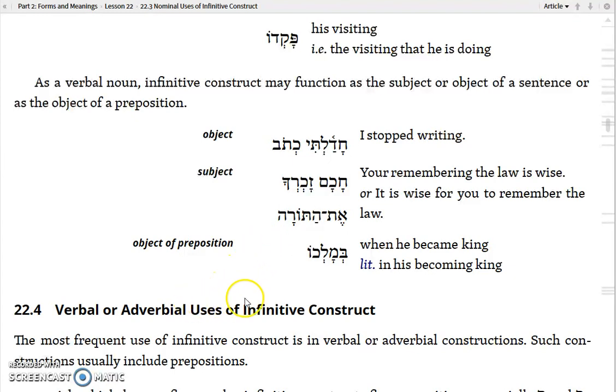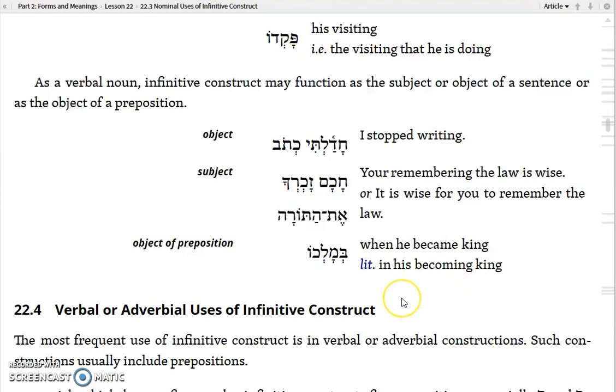It can also be the object of a preposition. Here you have be molko, in his reigning, but be often means in the time of, in the sense of when he began to reign, when he became king, or something like that.